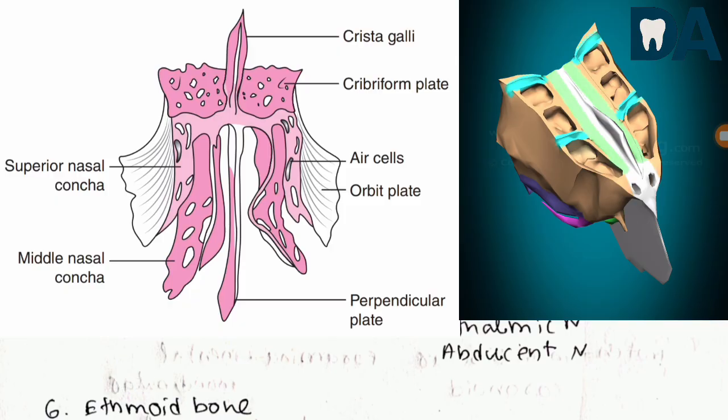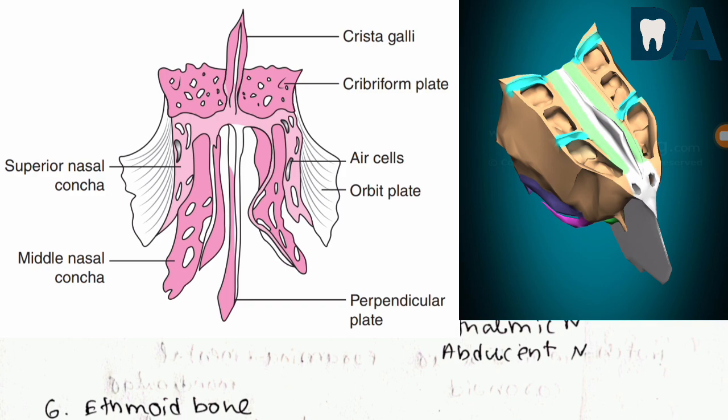The ethmoid bone is a midline structure that constitutes the roof of the nasal cavities. It is situated in the anterior part of the cranial floor between the orbits.